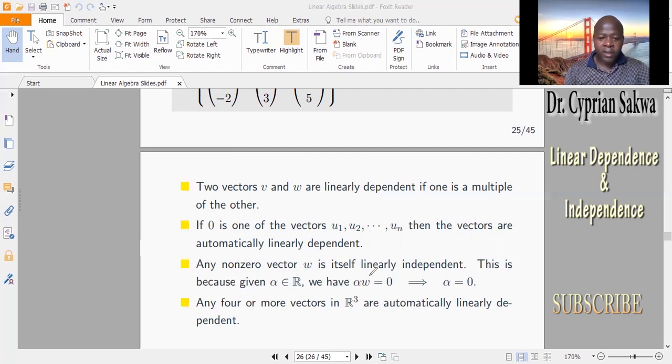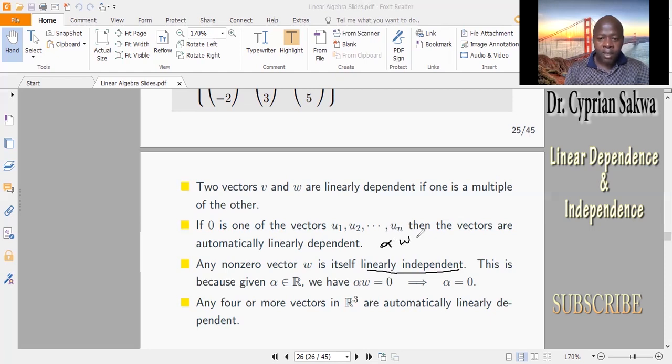Now, one vector on its own is always linearly independent. Suppose we are given vector w, and we say that w on its own is linearly independent.